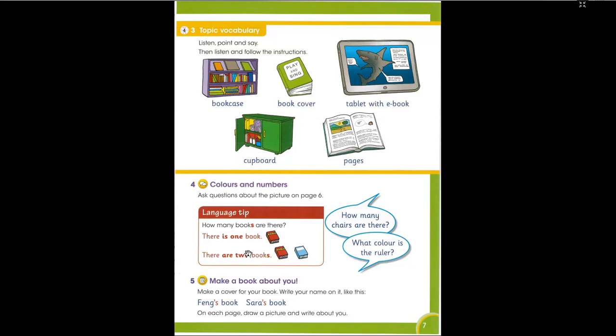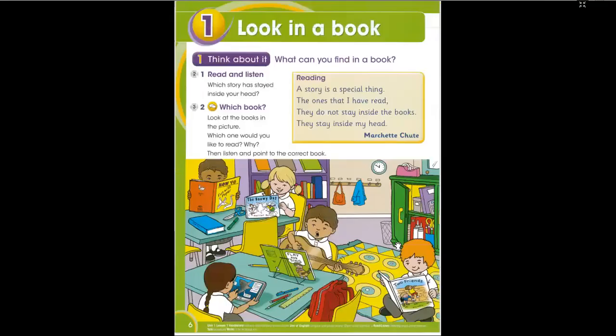Okay, what color is the ruler? Is means they are talking about one thing. So when we see the picture carefully, the ruler is yellow, or you can say the ruler is light brown. What is the color of the ruler, boys?